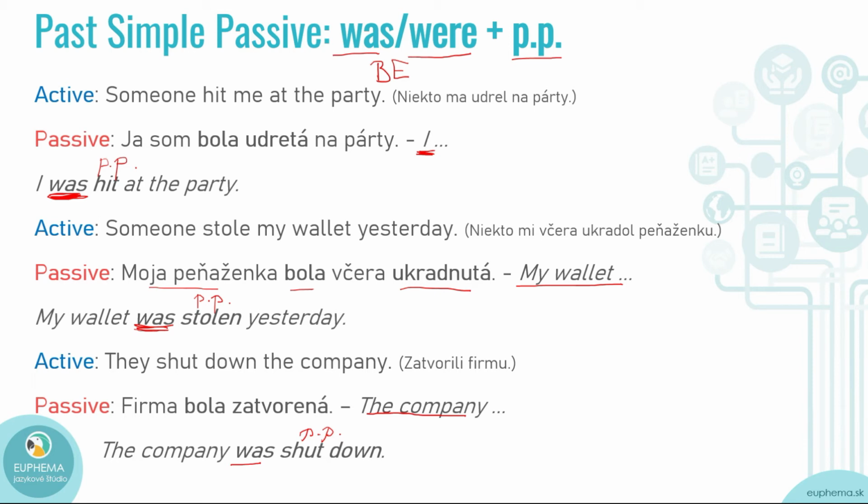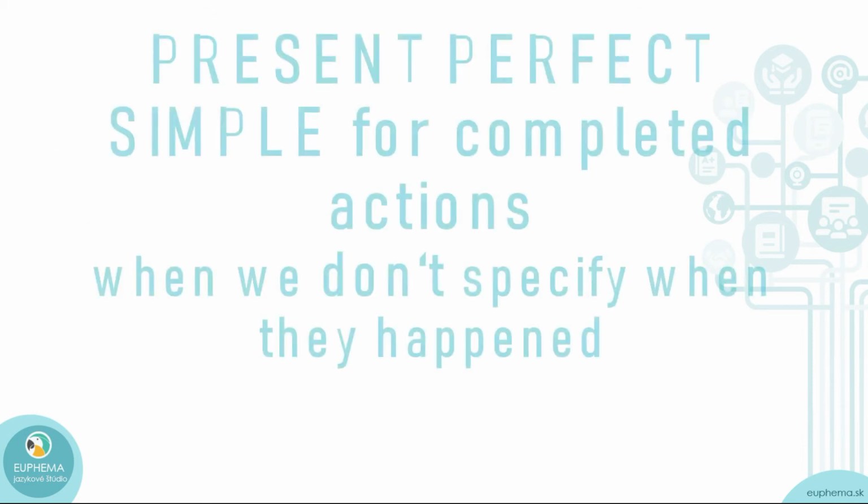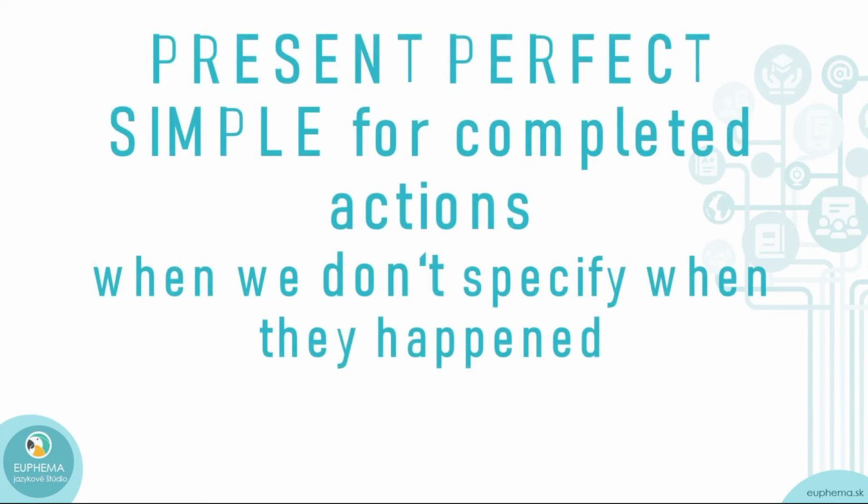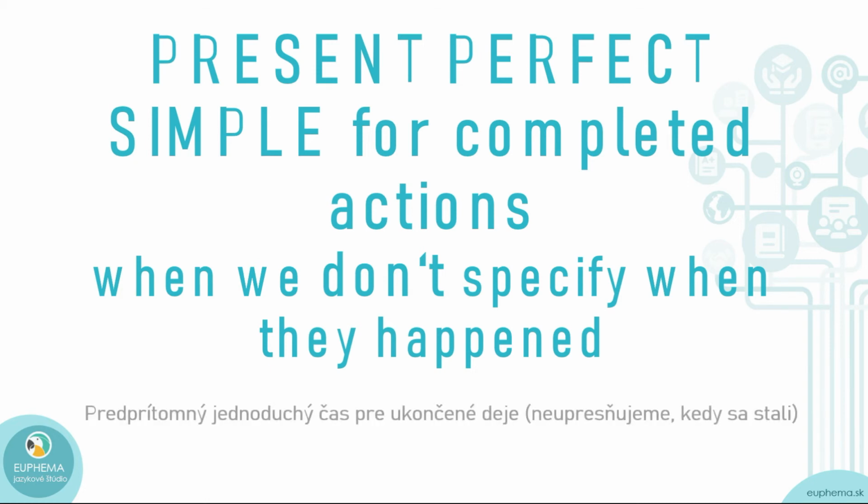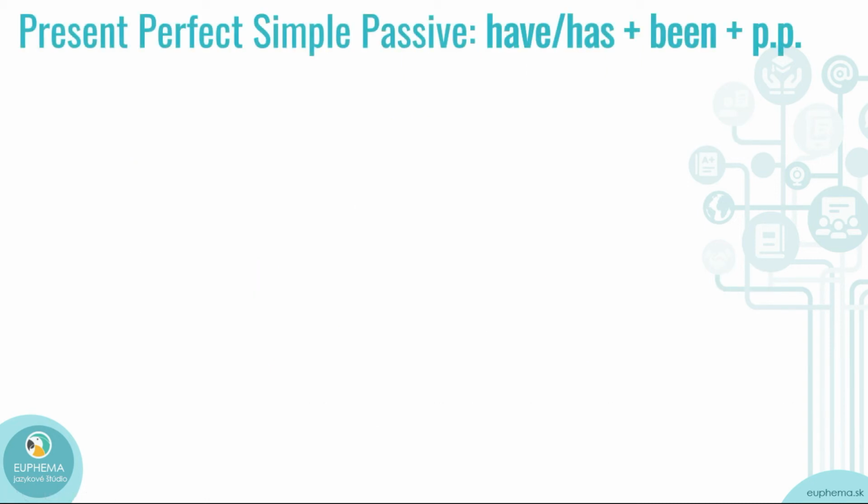Good. Next tense is present perfect simple for completed actions when we don't specify when they happened. As with every perfect tense, we have to remember to use this have or has.